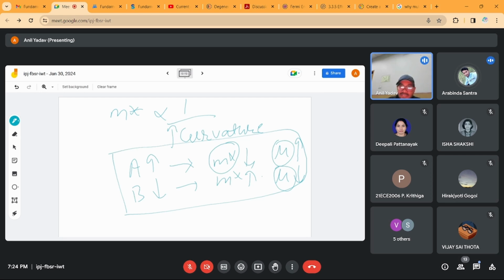So how do we calculate the mobility and conductivity? Mobility, I can tell you directly here also.